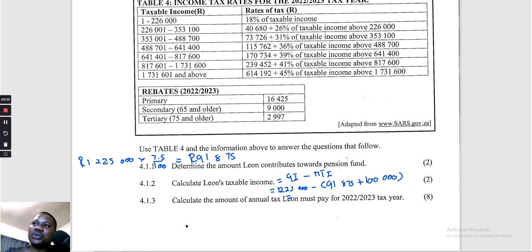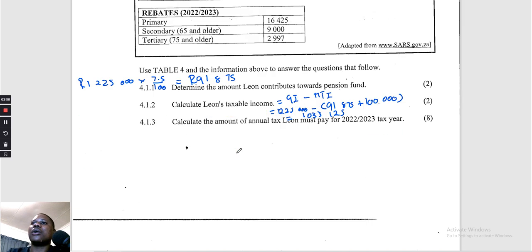So we can just press it in the calculator. 1,225,000 minus, open a bracket, 91,875 plus 100,000, close the brackets, and that gives me an amount of 1,033,125. That is Leon's taxable income.